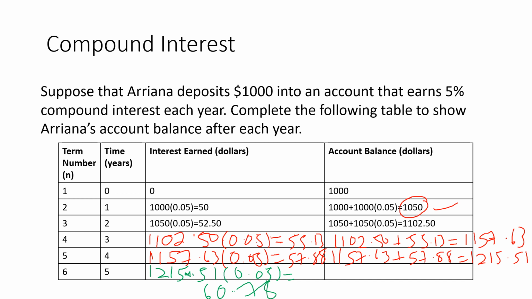Now you add 1,215.51 plus 60.78. You have 1,276.29.